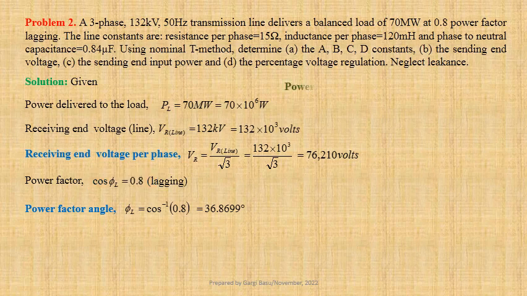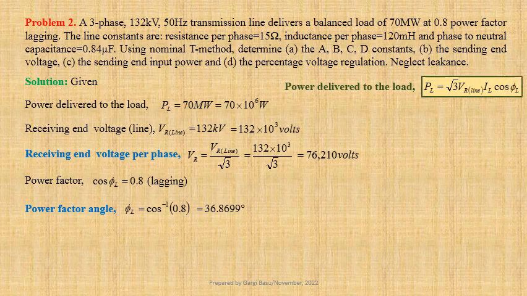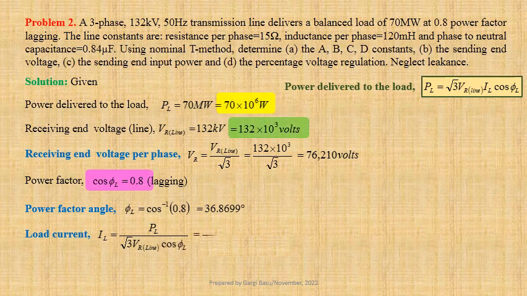Expression for power delivered to the load PL equals root 3 times VR line into IL cos phi L. Therefore, load current IL equals PL divided by root 3 times VR line into cos phi L. Using values we get 70 into 10 to the power 6 divided by root 3 into 132 into 10 to the power 3 into 0.8, that gives us 382.7 ampere.